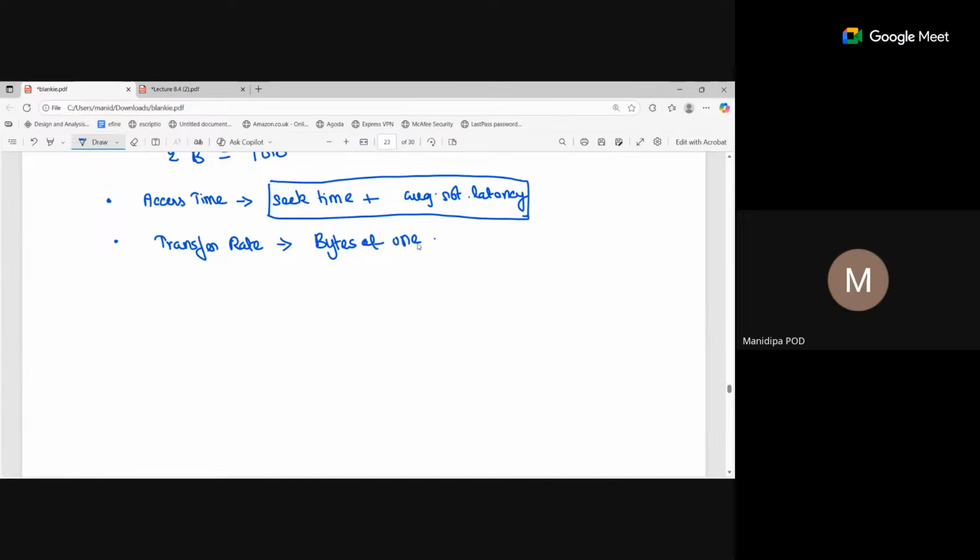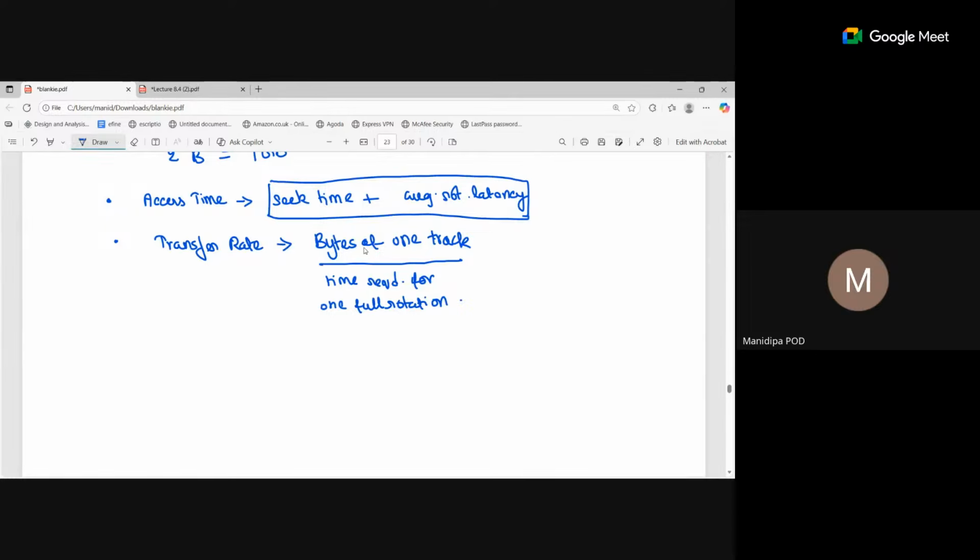But the general formula is the number of bytes on one track divided by the time required for one full rotation. Because in one full rotation you can cover a full track, since these are concentric circles.